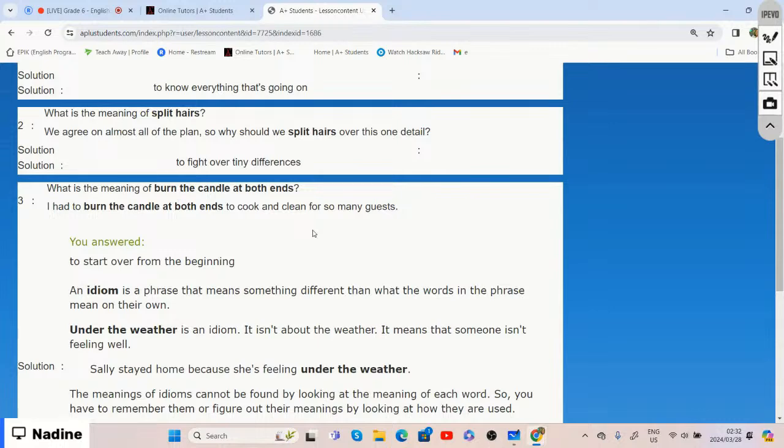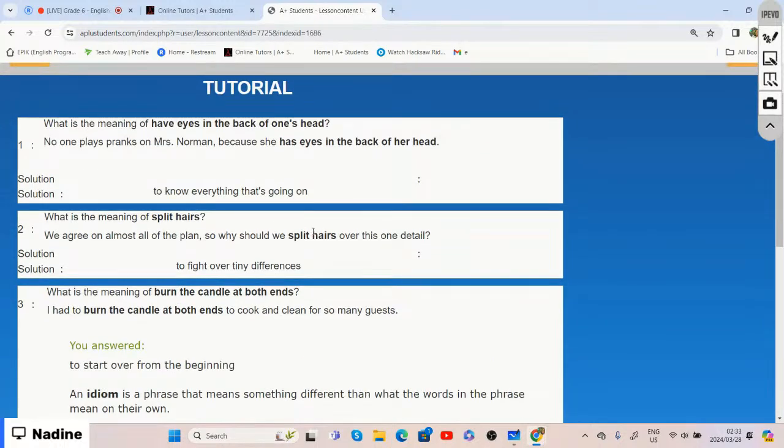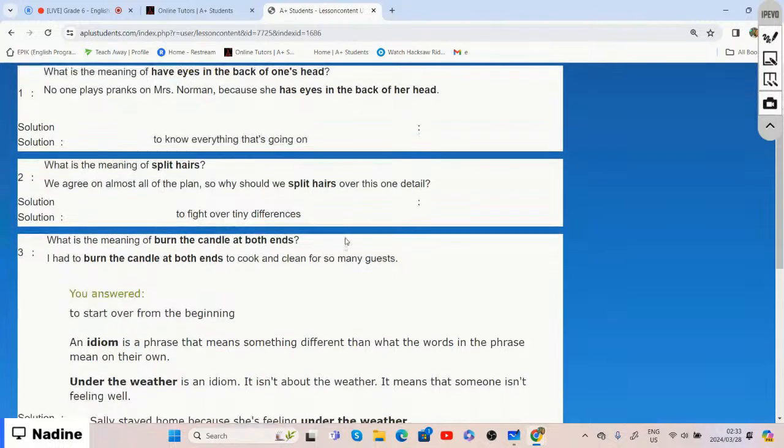It says we agree on almost all of the plan. So why should we split hairs over this one detail? What do you think they mean by split hairs?